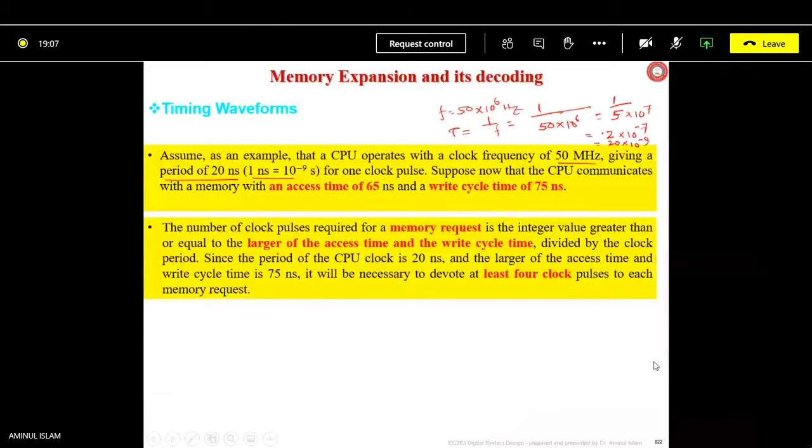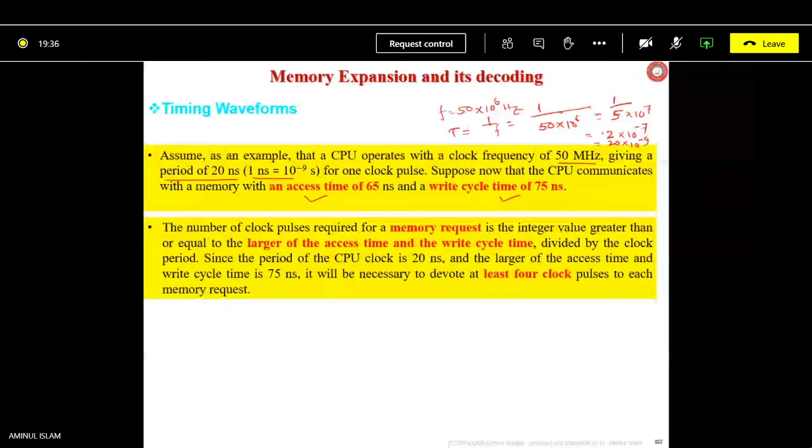So is the calculation understood? A 50 megahertz CPU is taken, and hence its period is 20 nanoseconds. Yes, sir. Okay. Suppose now that the CPU communicates with the memory with a read access time of 65 nanoseconds and a write cycle time of 75 nanoseconds. This is assumed.